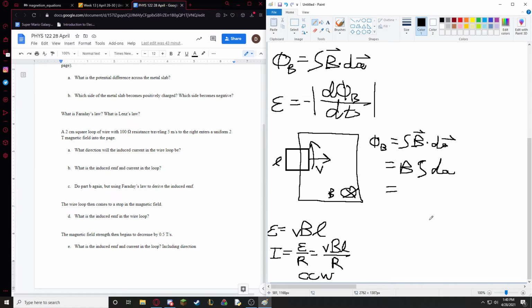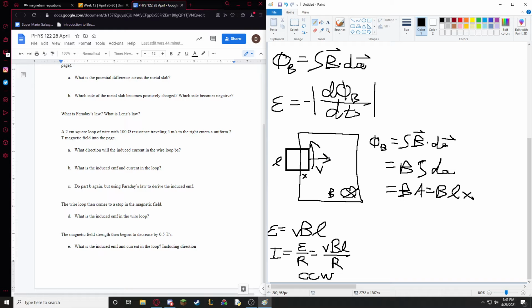Let's call it X, the total length of the side that is inside the magnetic field. The integral of dA gives us the total area inside the magnetic field. So the flux is B times the length times the width that's inside, X. That is our magnetic flux at whatever time, depending on how much of the loop is inside the magnetic field.